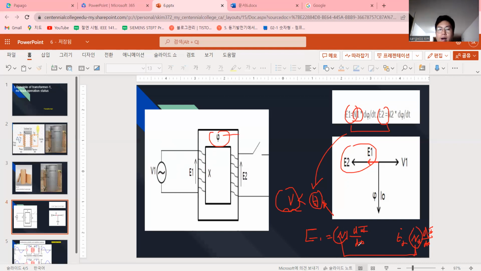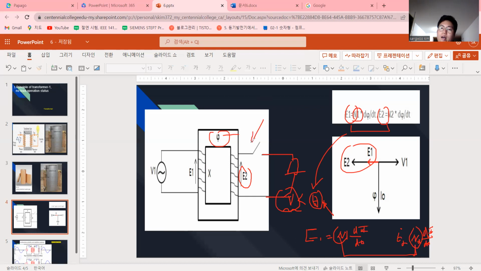Yeah, that's it. And then look at that, I'll give you one question. The secondary side is now an open circuit, right? But is E2 induced or not? It's open circuit.